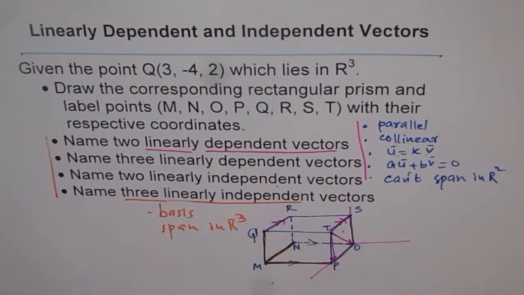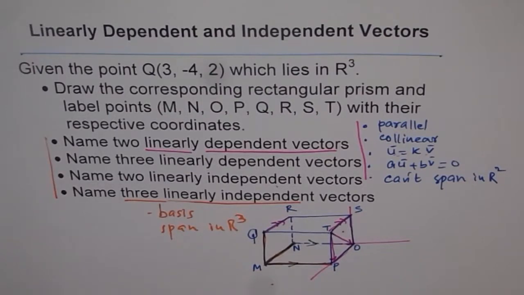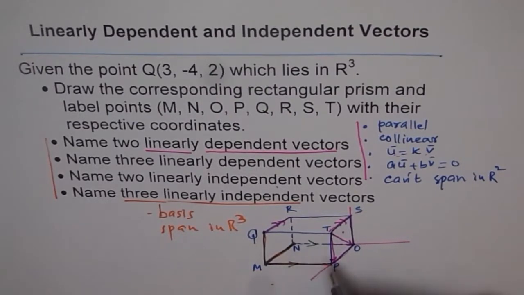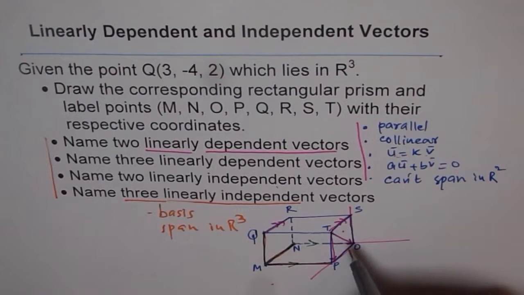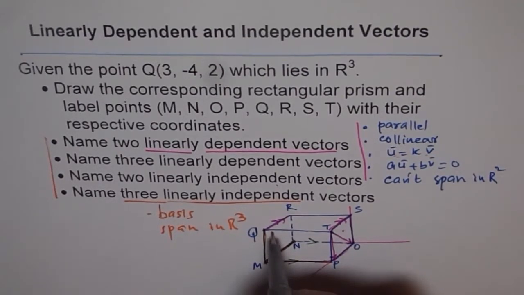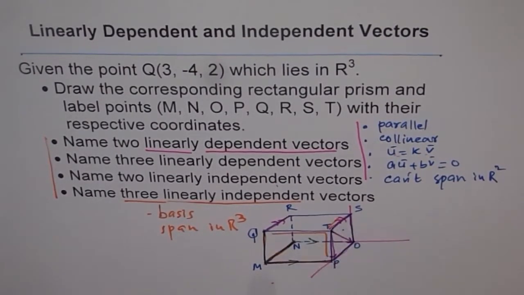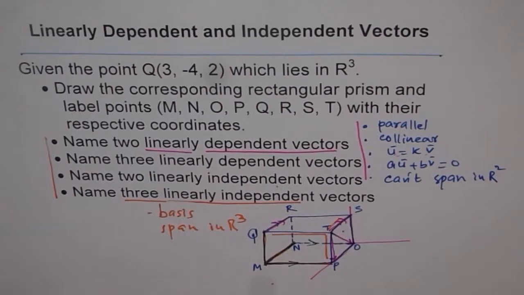That is important: three vectors which are linearly independent can form a basis for R3. Like that you can get so many combinations here. You have to select three vectors which are in different planes. If you get that, then they are linearly independent.